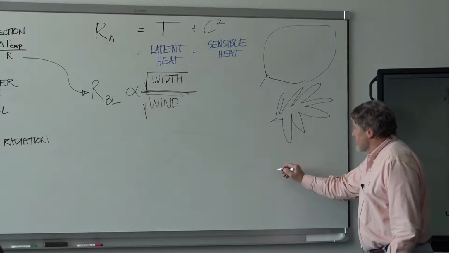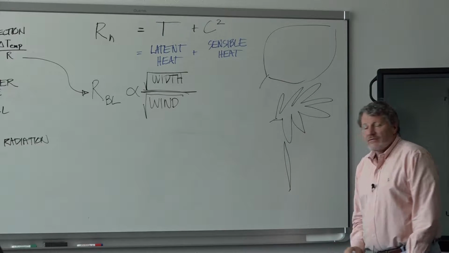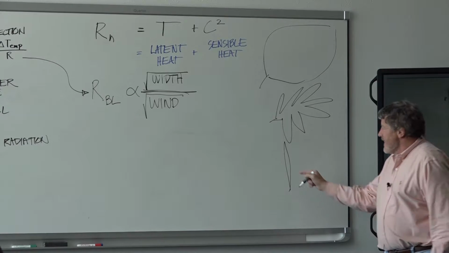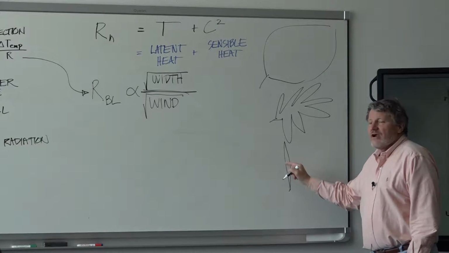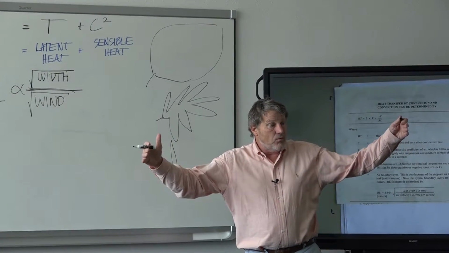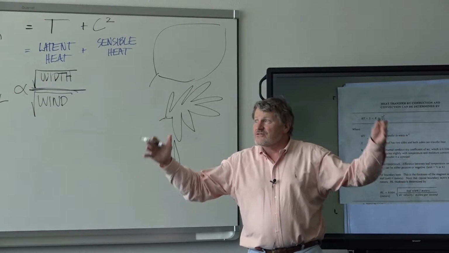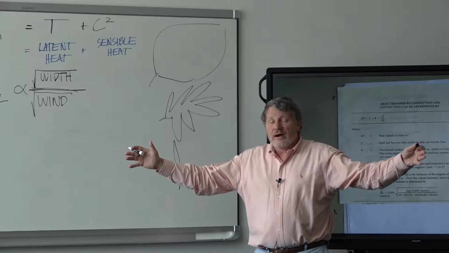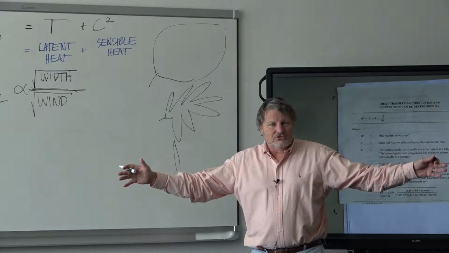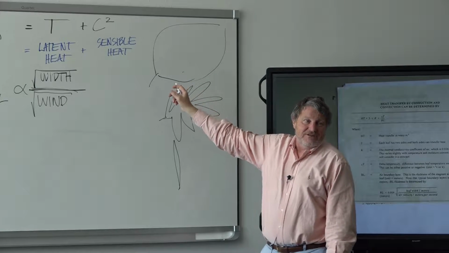And in fact, how about a grass leaf? I guess grasses grow vertically. Grasses are thin, and thin grass leaves have better heat transfer characteristics than wide dicot leaves. And grasses grow more commonly in arid places. You don't see big tropical leaves like this in deserts.